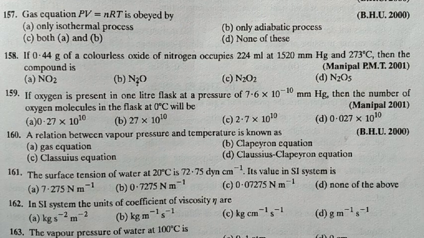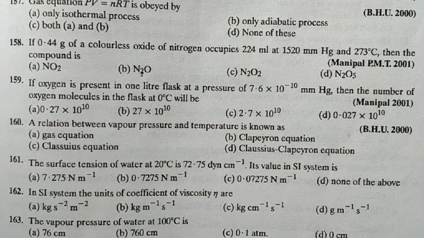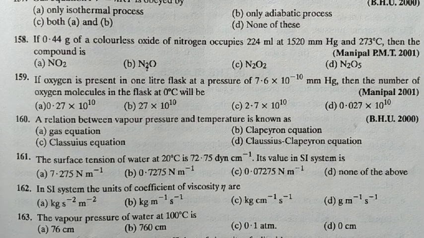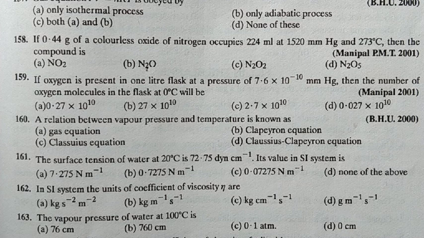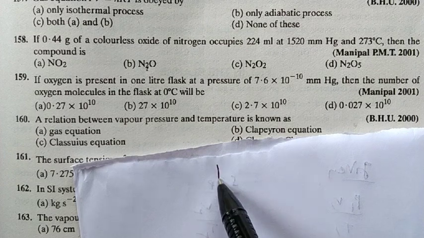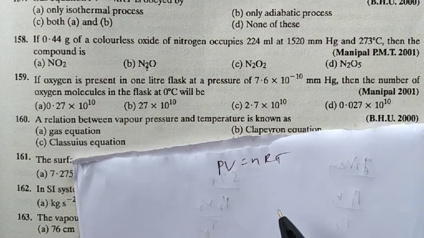Now look at the next question. If oxygen is present in a 1 liter flask at a pressure of 7.6 × 10^-10 millimeters of mercury, then the number of oxygen molecules in the flask at 0 degrees centigrade will be? As per the given data, directly you can apply the PV = nRT formula.